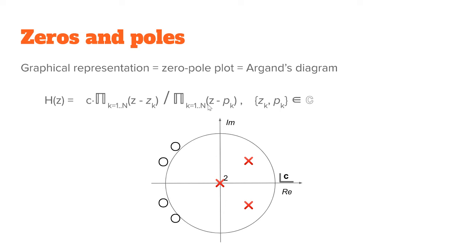Let's find an analogy from the analog world. In the analog world, you have the S-plane. Complex plane, j omega here, this is the real axis. If you have a pole in this region, then you would have an unstable system, right?